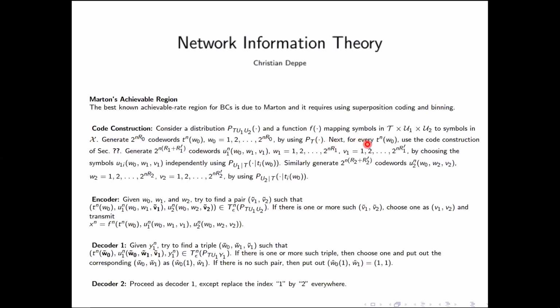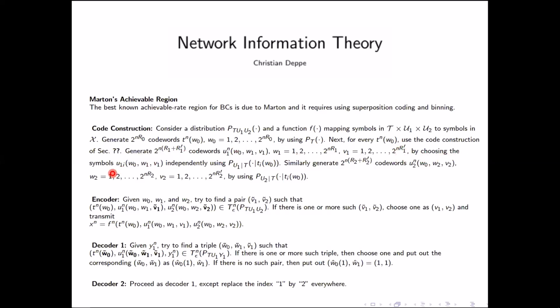Next, for every T^n(W0), use the code construction from the section where we introduced binning. Thus we generate 2^(n(R1+R1')) codewords U1^n depending on W0, W1 and V1. So W1 goes from 1 to 2^(nR1) and V1 goes from 1 to 2^(nR1'). This is the size of the bin.